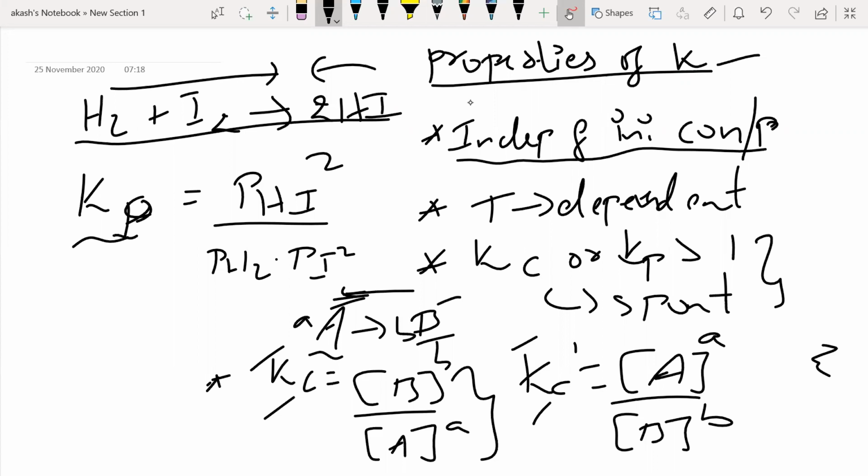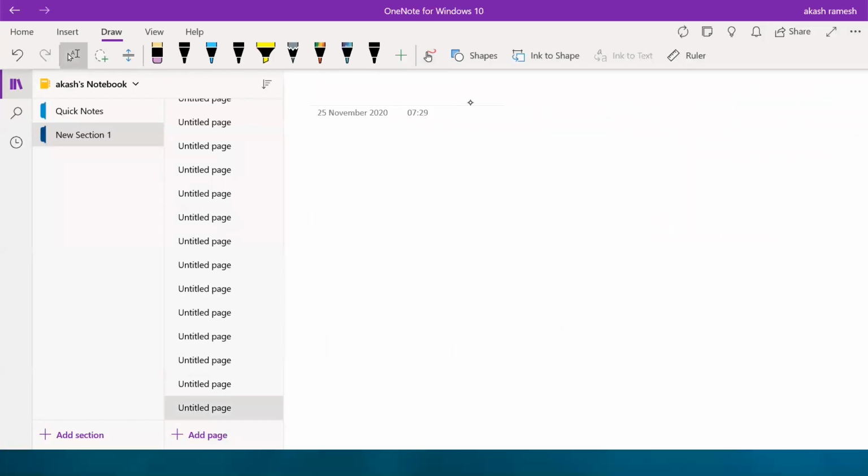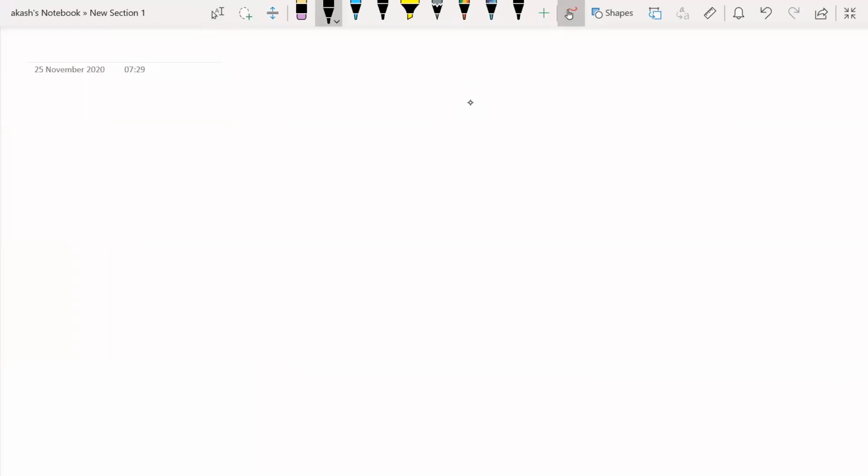Okay, so if I indicate it with variables, the next point would be Kc of the forward reaction, Kcf, is equal to 1 divided by Kc of the backward reaction.